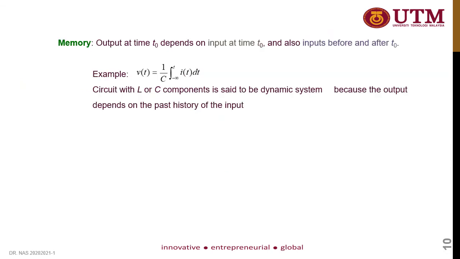Okay, on the other hand, a memory system is a system that depends on other inputs, for example the future or the past input. For example, y(t) equals x(t minus 2).